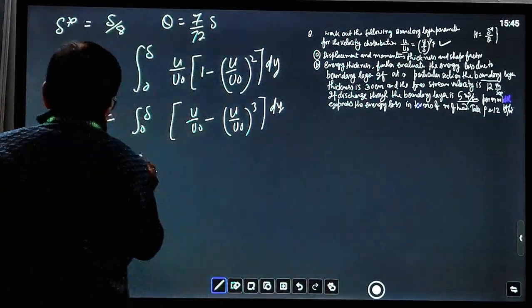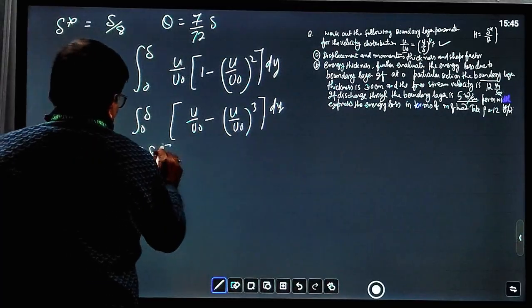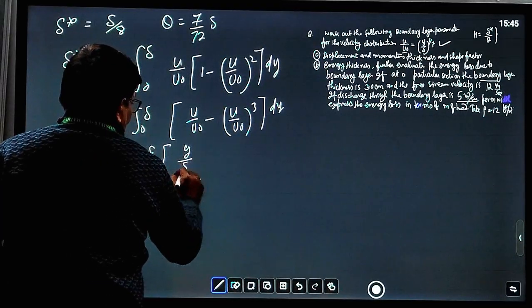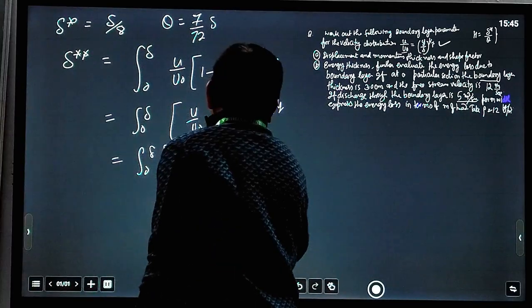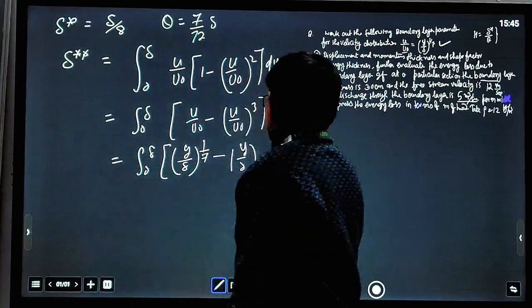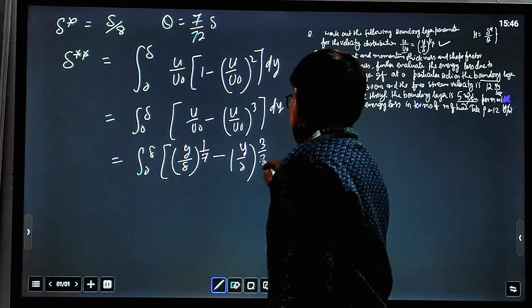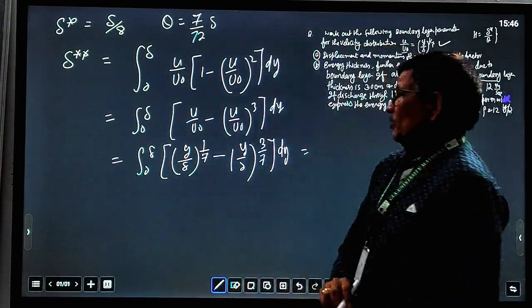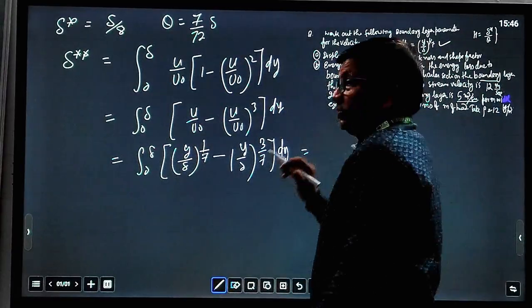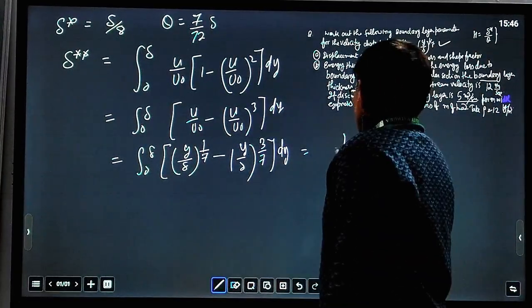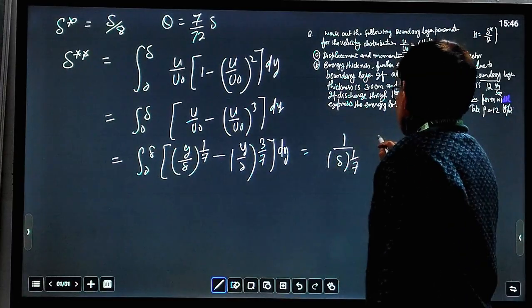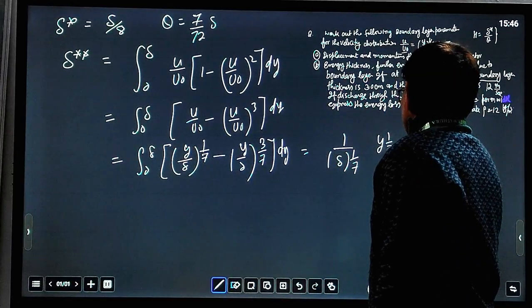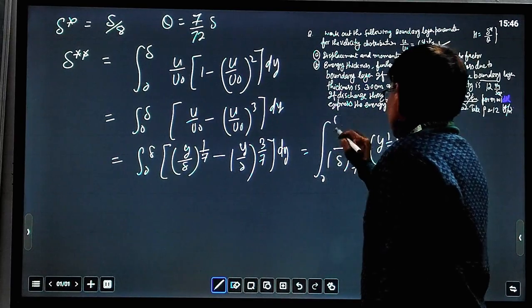That is equal to, putting values, 0 to del (y by del) to power 1/7 minus (y by del) to power, because it is square, it becomes 3/7, and integrating it. Taking the constant terms outside: 1 upon del to power 1/7 taken out, and y to power 1/7 dy from 0 to del, minus.